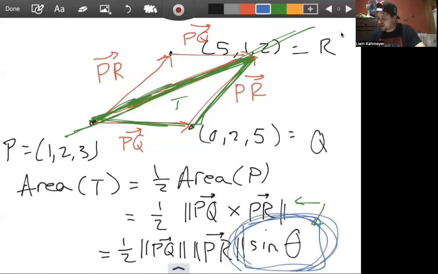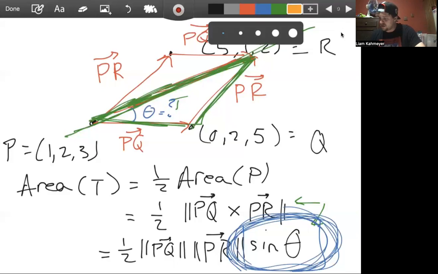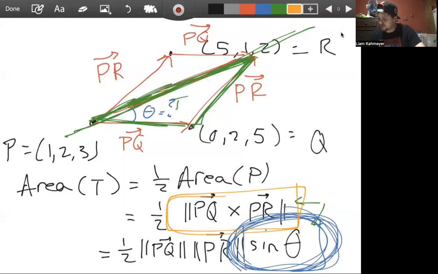And the indication comes down to this sine theta factor in the last formula here, right? We don't know what theta is in this context. And so we would have to go through a lot of extra steps to solve for it. So instead, we'll use this first one here, right?